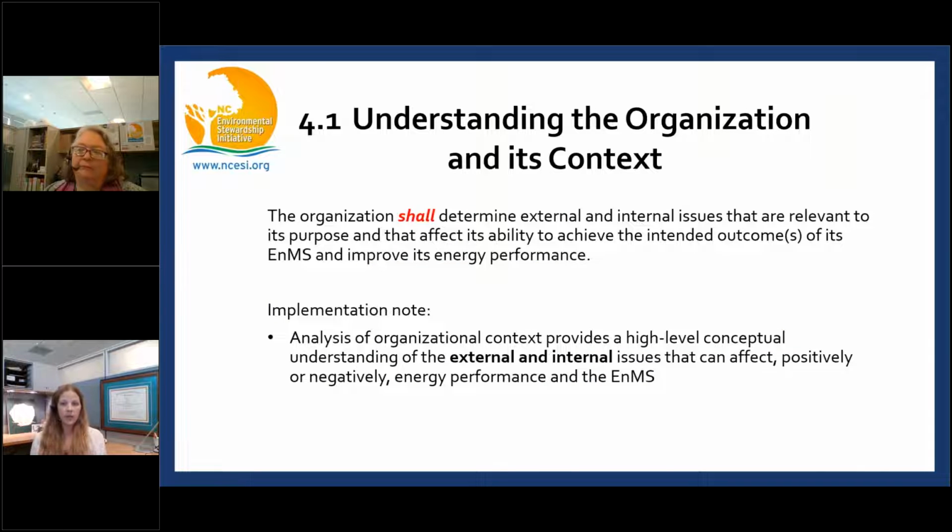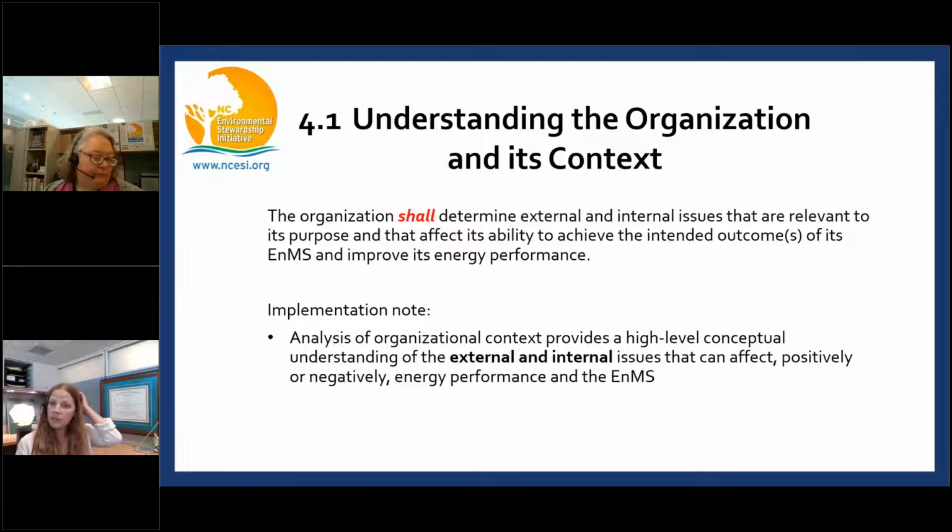Okay, so let's look at the standard. It says for 4.1, the organization shall determine external and internal issues that are relevant to its purpose and that affect its ability to achieve the intended outcomes of the ENMS and improve its energy performance.